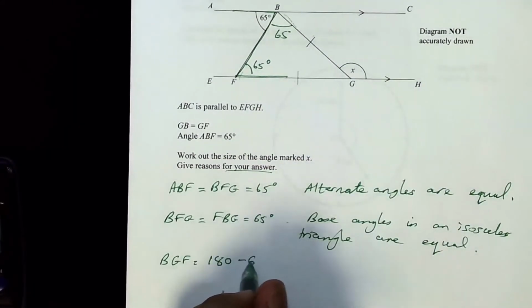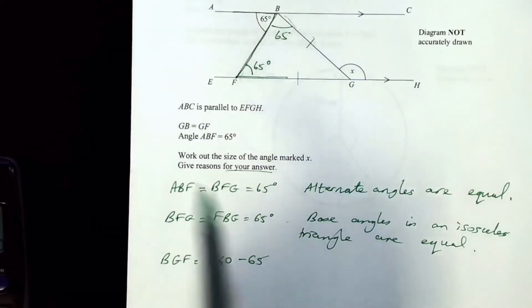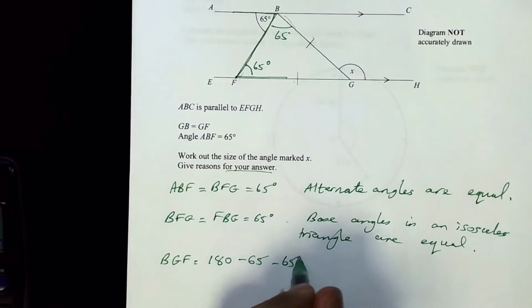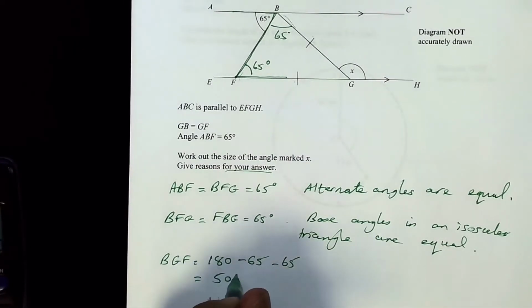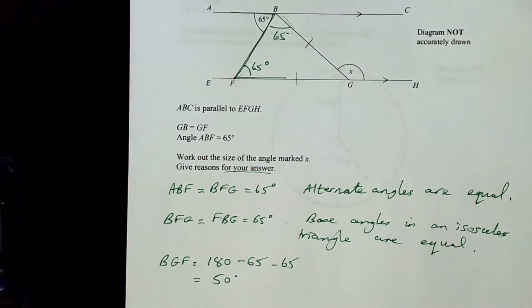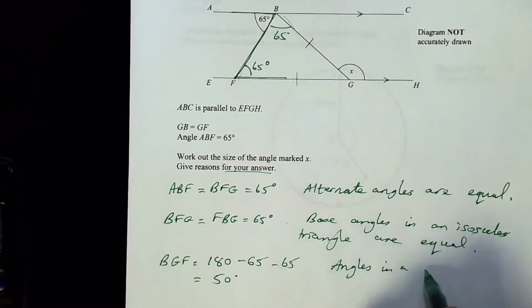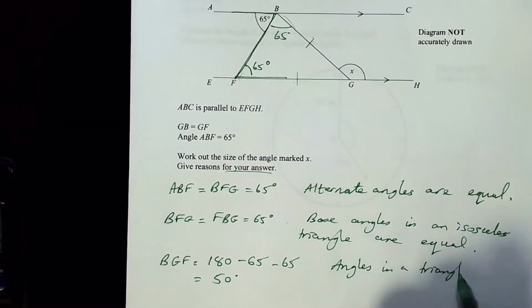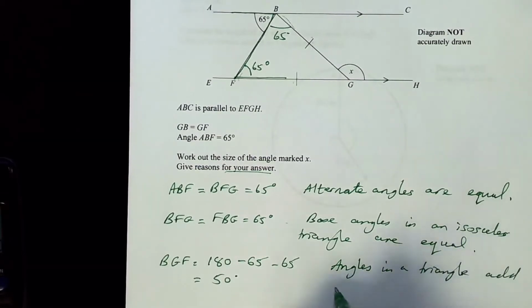So take away the 65 and take away the other 65 as well, which is equal to 50 degrees. And the reason for that: angles in a triangle add up to 180 degrees.